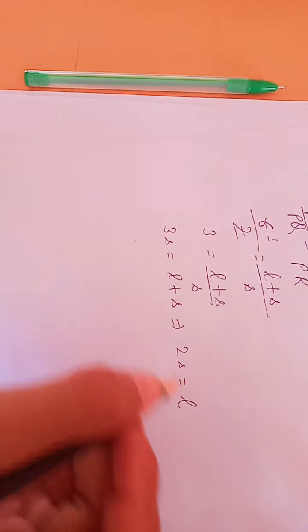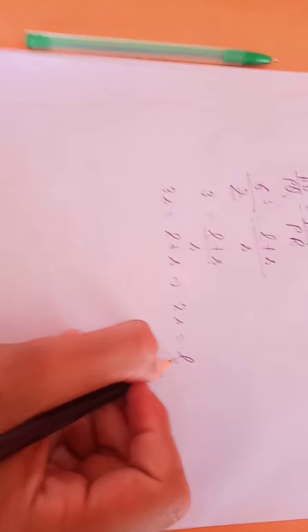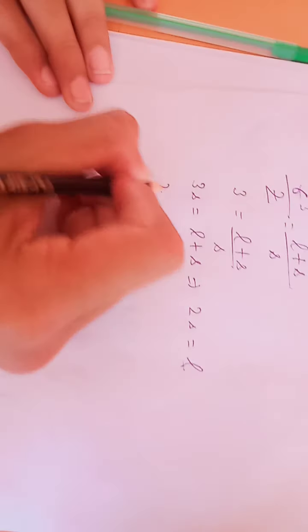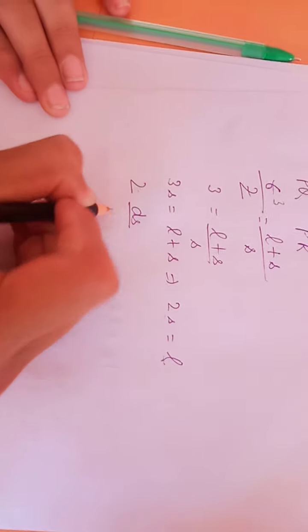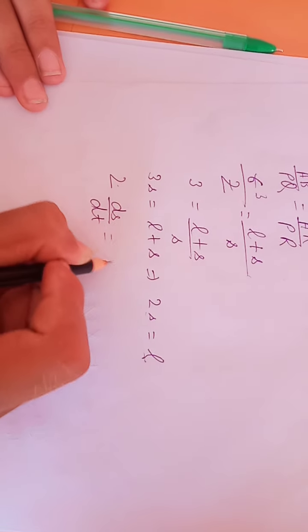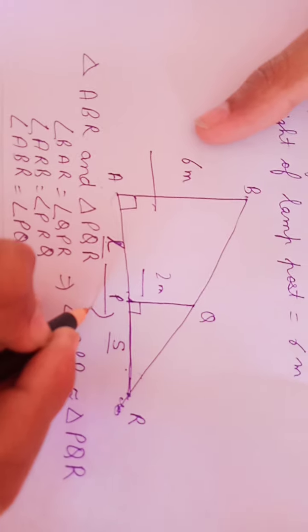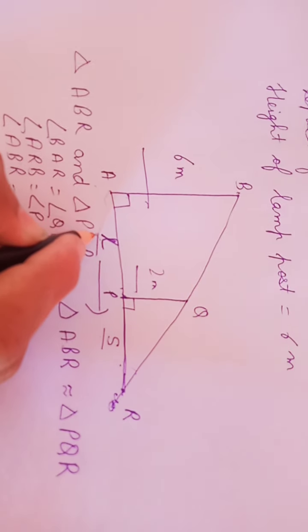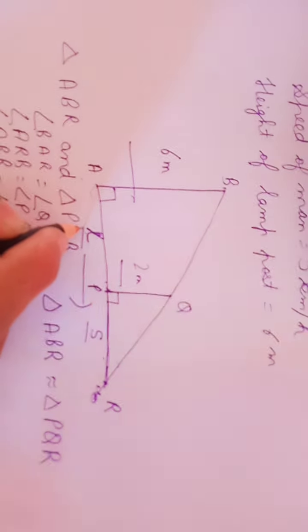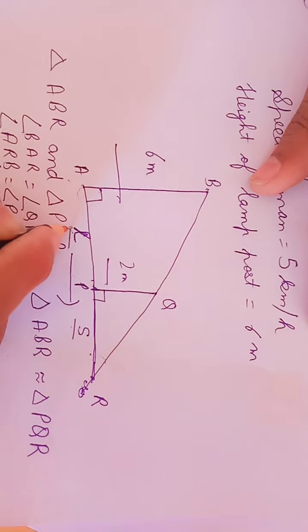So now we will differentiate S and L with respect to time. What we will get here is 2 ds by dt is equal to dl by dt. Now look here, as the person is going away from the lamp post with the speed of 5 km per hour, it means change of L will be equal to 5.